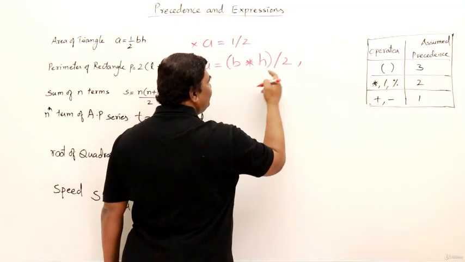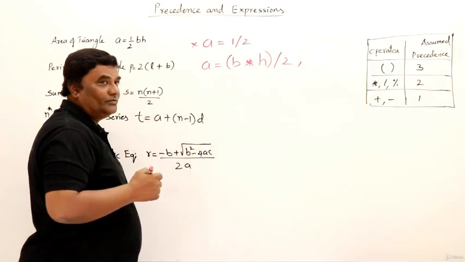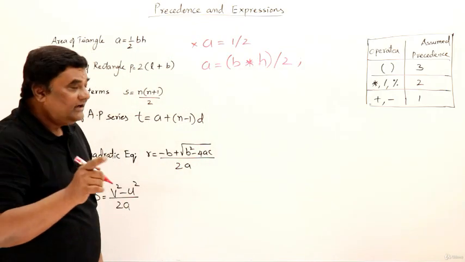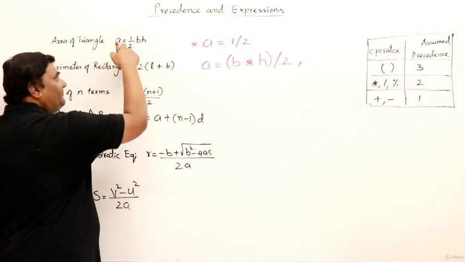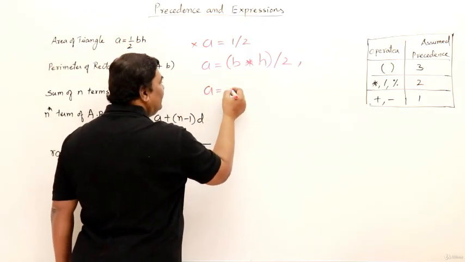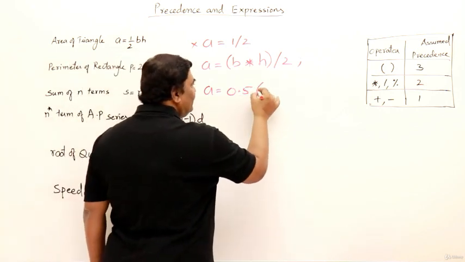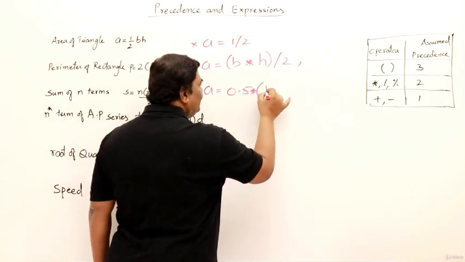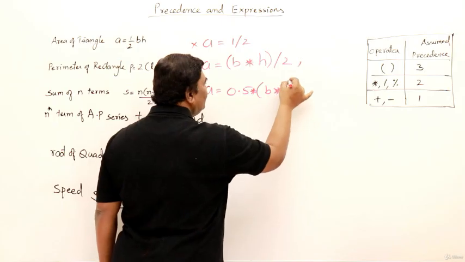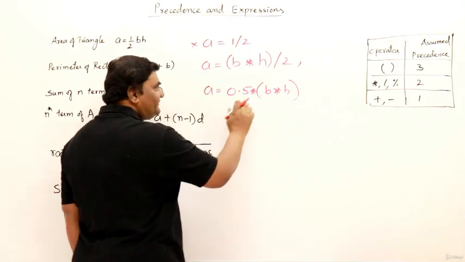So this is the perfect formula: base into height, whole thing divided by 2. If you say no, as per the formula, that is 1 by 2, I want to write that first, then write 0.5 multiplied by base into height. This will be perfect.